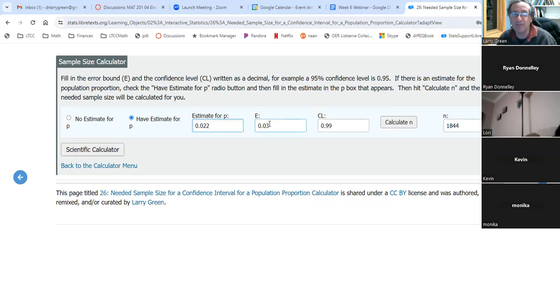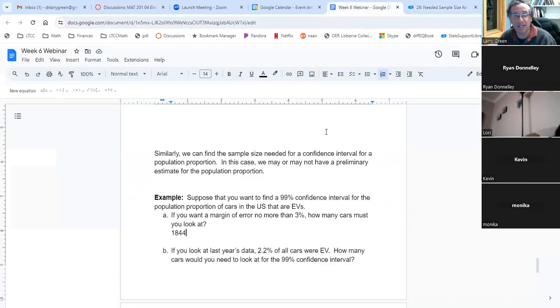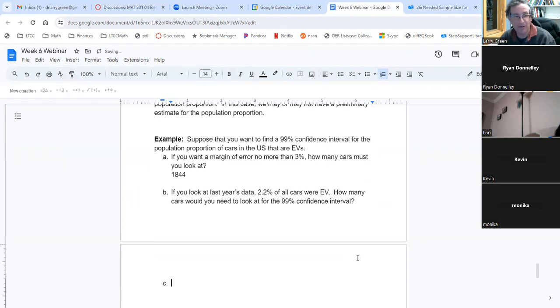We're using the same margin of error, same confidence level. Now I hit calculate. Did things change, by the way? A little or a lot? Yeah, a lot. Now we only need 159 cars to look at. So the answer to this one is 159.